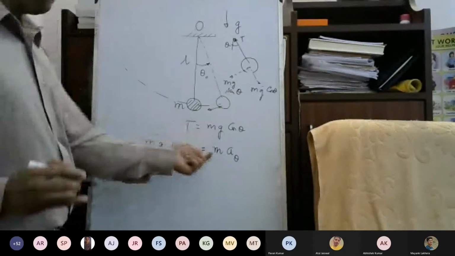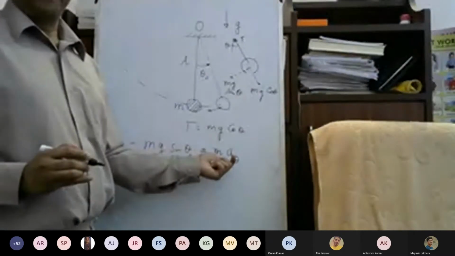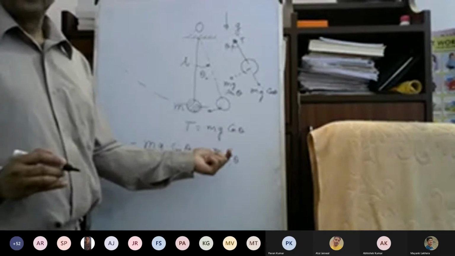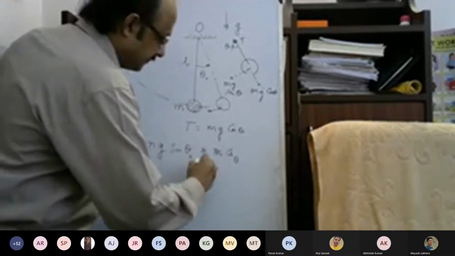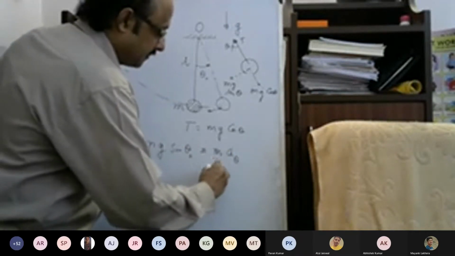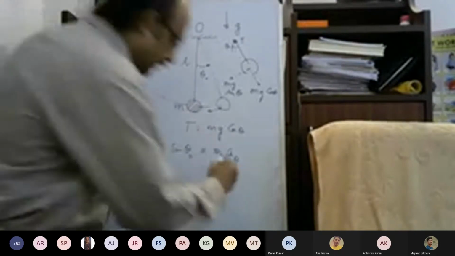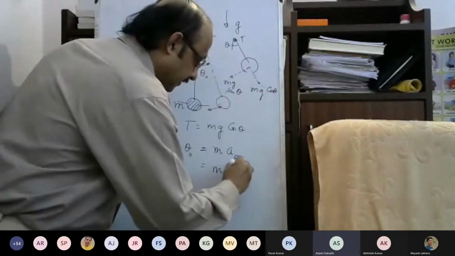And what is this value of a theta? That is the acceleration along the tangential direction. What is this value? L theta double dot. Right, L theta double dot.